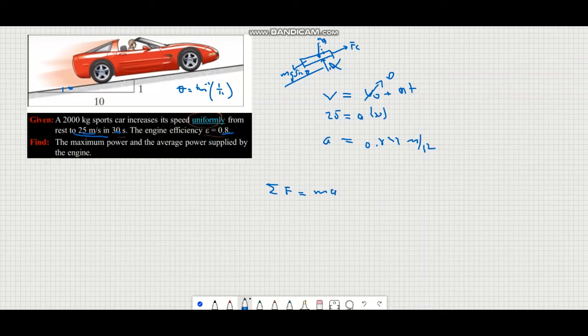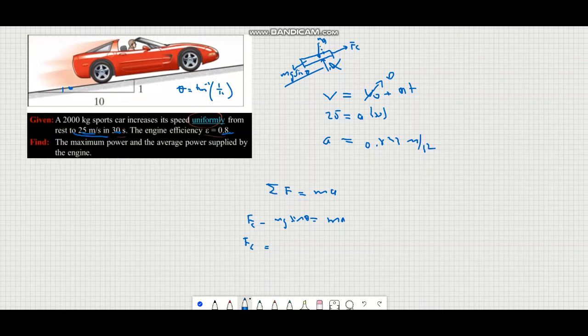So if we put all these terms, Fc minus mg sine theta is gonna be equal to ma, right?